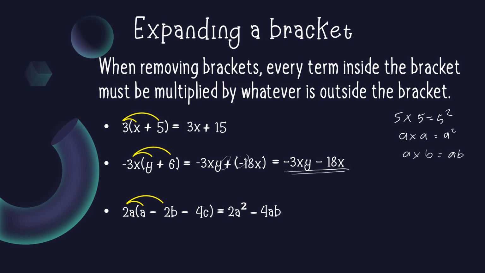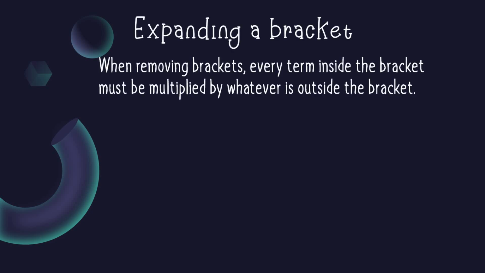And then a times b, ab. Becomes 4ab. And then minus, we write it first. 2 times 4, 8. A times c, ac. So becomes 8ac. Okay. Next is still the same, but this is a more complicated one.